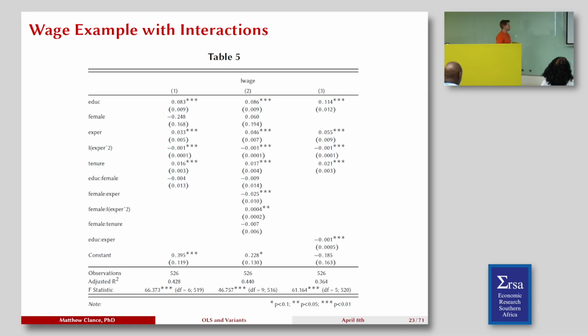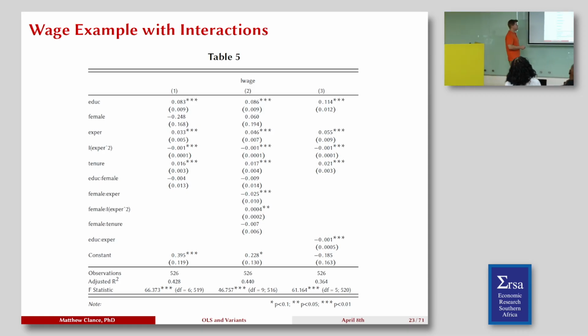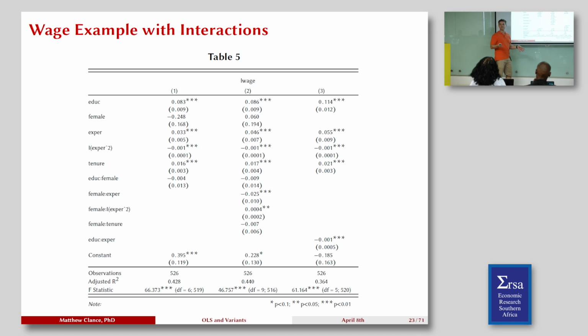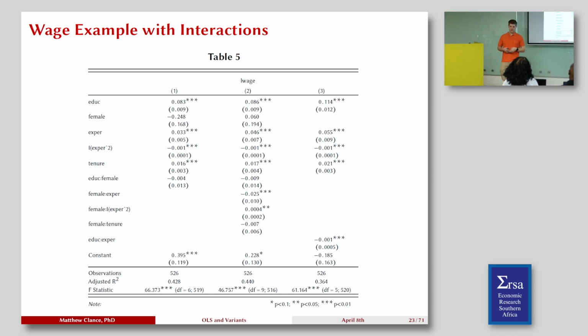We can also go a little bit further and actually interact it not just with one, but with everything. Just go nuts. In this case, this is a little bit more telling. This is going to tell us whether we should be creating one model that doesn't really separate across gender, or we should be trying to control for that, as well as any interactions across the variables.